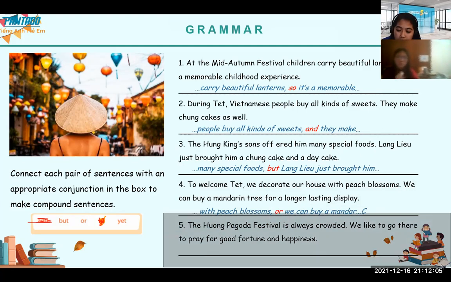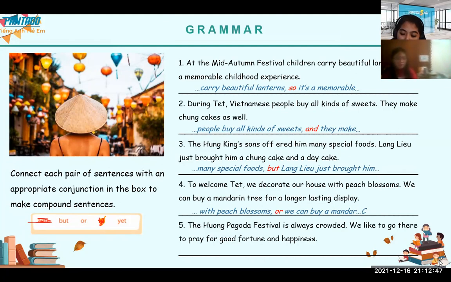How about number 5? Can you please read this one, Ngok? The Huong Pagoda Festival is a long way, we like to go there to pray for good fortune and happiness. Okay, very good. So what is your answer for that? My answer is yet.